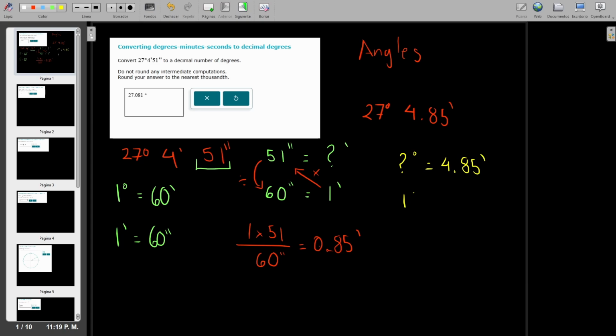We multiply this part and divide over this one. So it is going to be 1 degree times 4.85 over 60, and this is going to give us how many degrees?